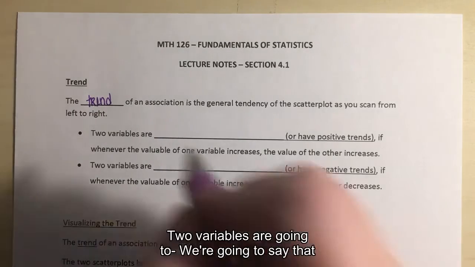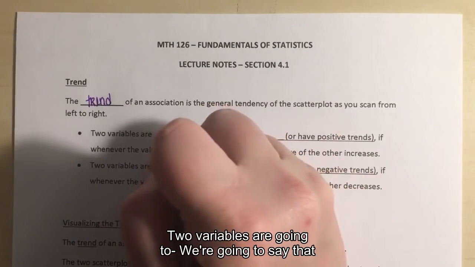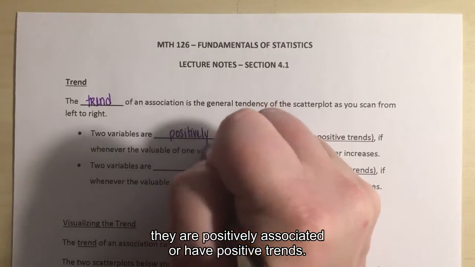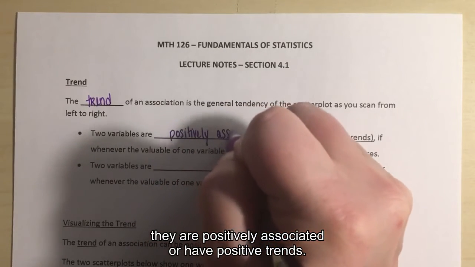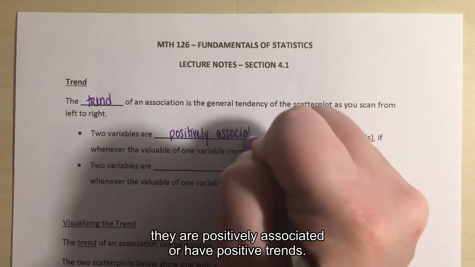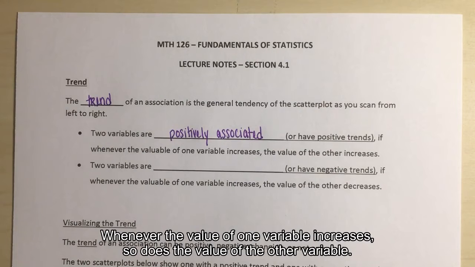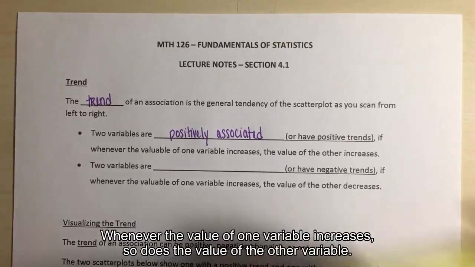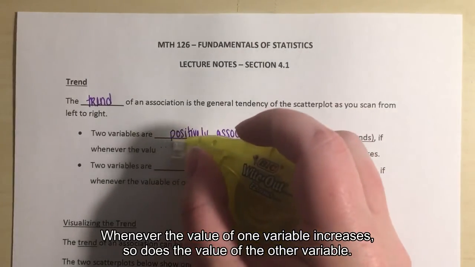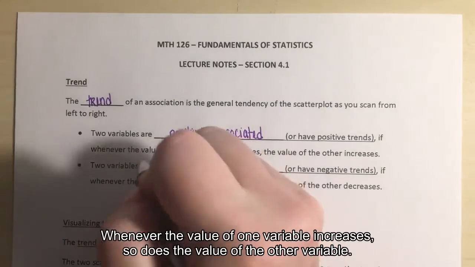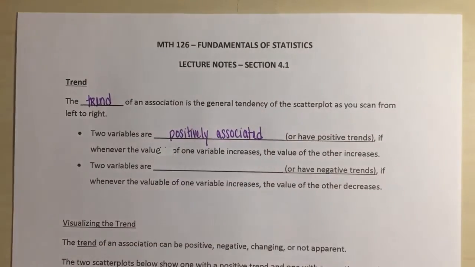So we're going to say that two variables are positively associated, or have positive trends, if whenever the value of one variable increases, so does the value of the other variable.